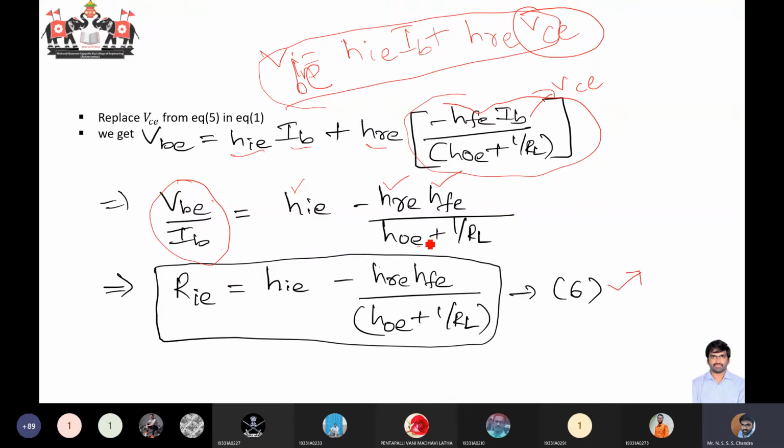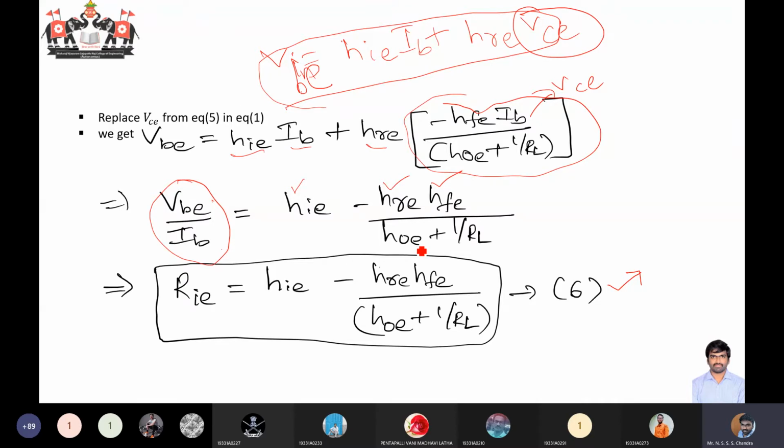For the numerical problems that you are going to solve from this topic, you need to remember this formula. You may have to derive these equations also. In the semester exams, they may ask you to derive these parameters, like the current gain, the voltage gain, the input resistance, the output resistance in terms of your hybrid parameters.